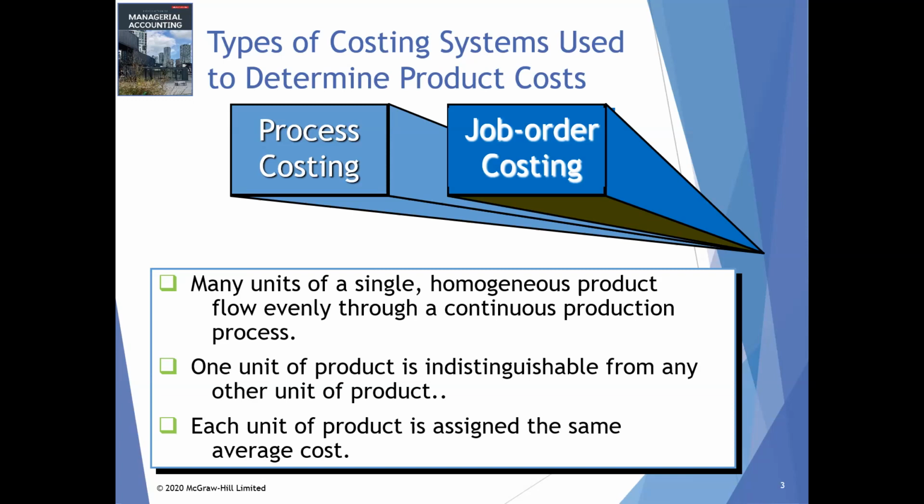One unit of product is indistinguishable, meaning we cannot distinguish it from another. It means the same kind of product as any other unit of production. If a mouse is prepared, one mouse is identical to another mouse, no difference at all.